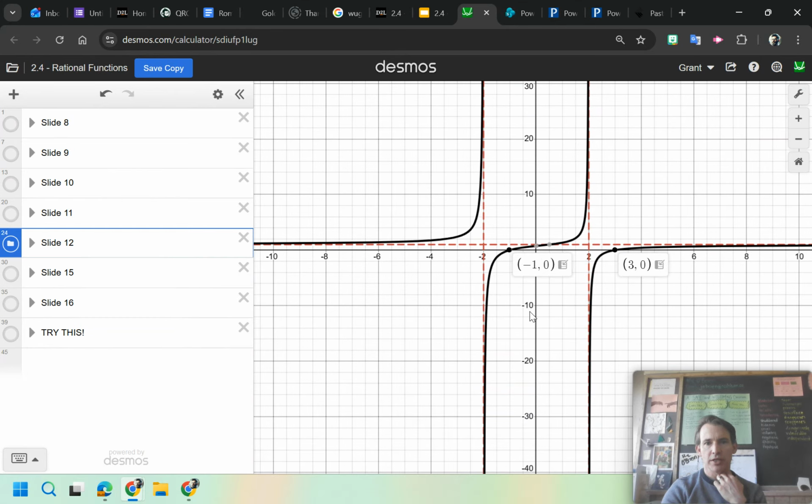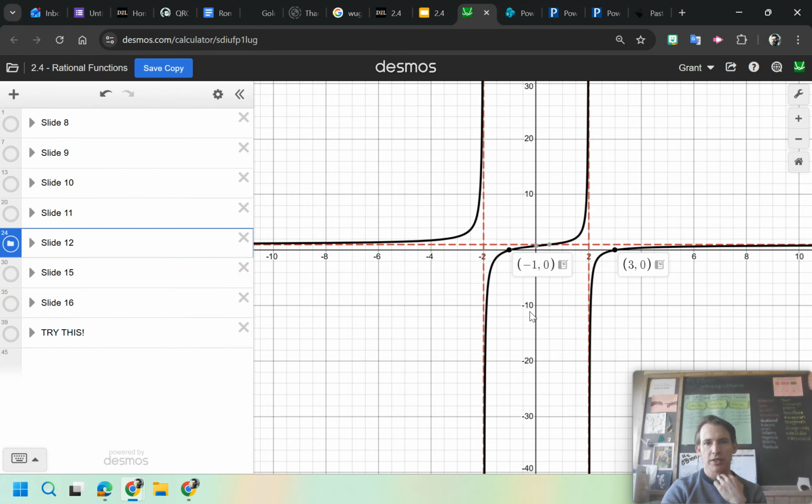Divided by, put your denominator in brackets, 2.01 squared minus 4, that's my denominator, equals a very big negative number. So on my table I have as x goes to 2 on the positive side, f of x goes to negative infinity. Okay, that's how your tests go.